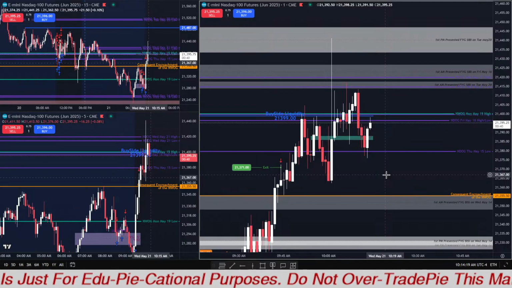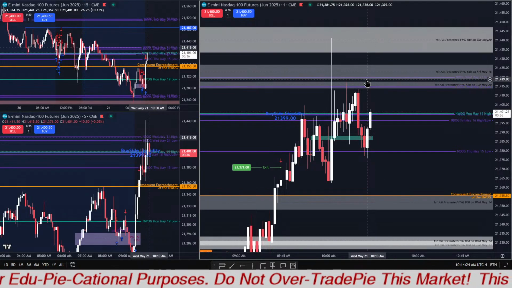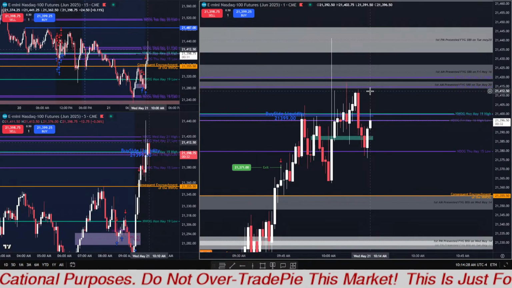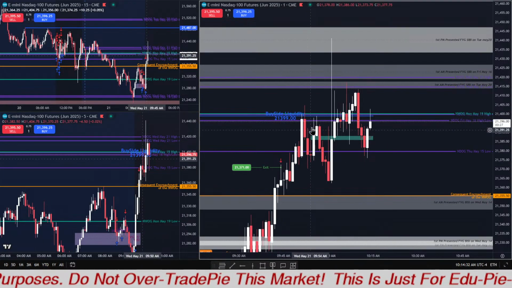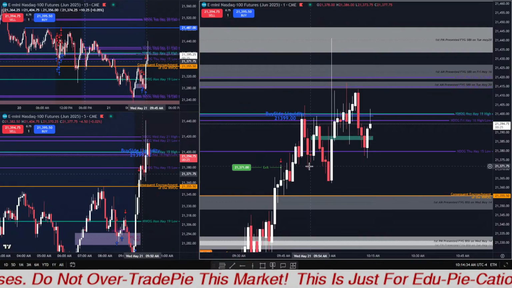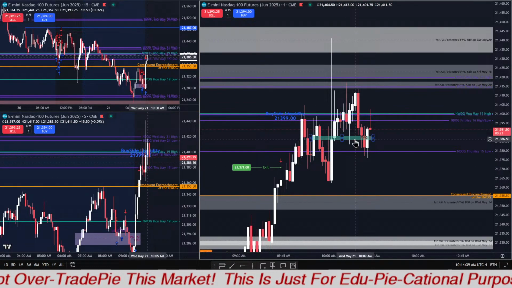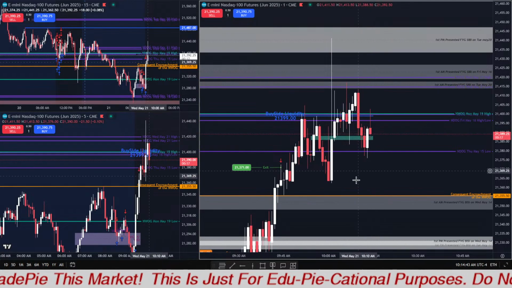I'm expecting to see a run higher over here, big white candles, because in my opinion we traded inside this breaker block as well as this inefficiency, so all of these are enough reason for sending price higher.